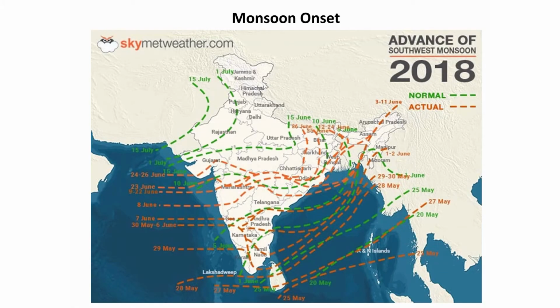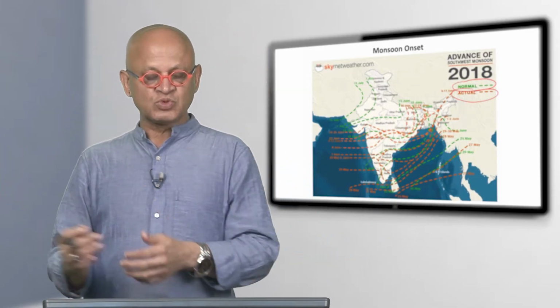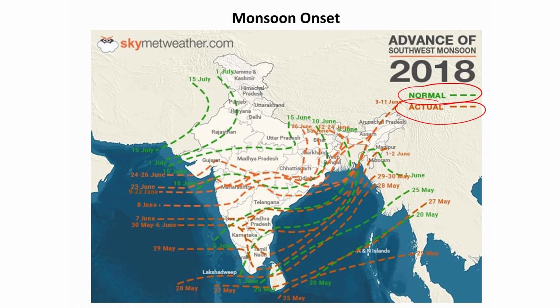Here there are two colors. One is for a normal year, and one is for what happens in any given year. The normal year is an average over many years, which we called climatology. This is showing 2018 from Skymet, the private company that does weather forecast, monsoon forecast, and so on.